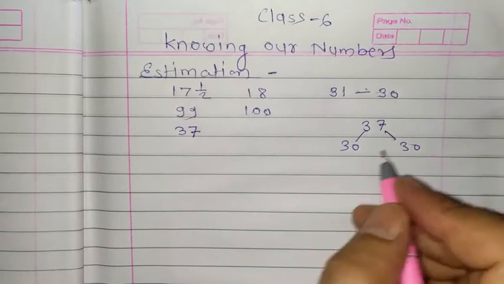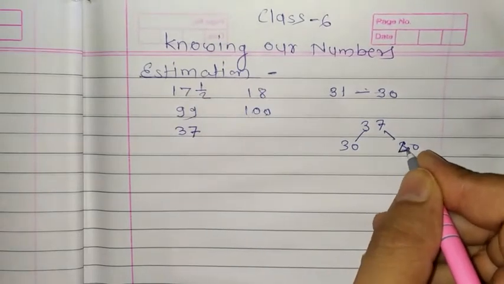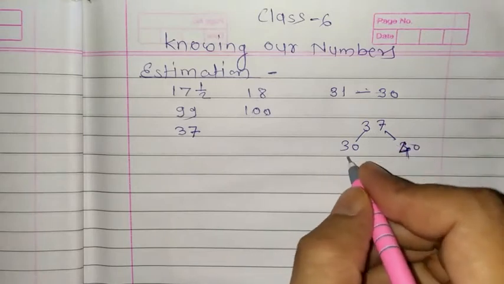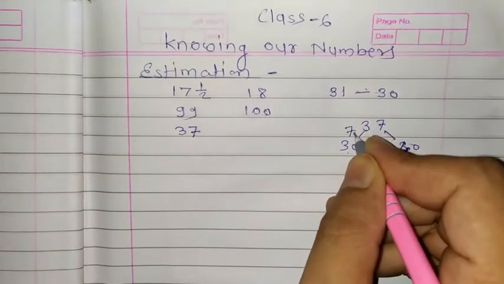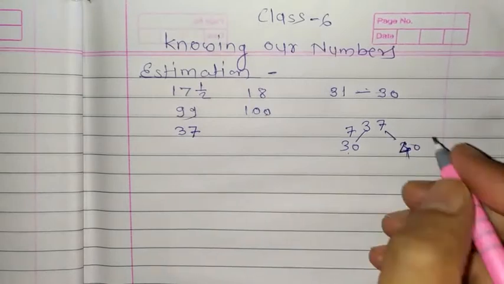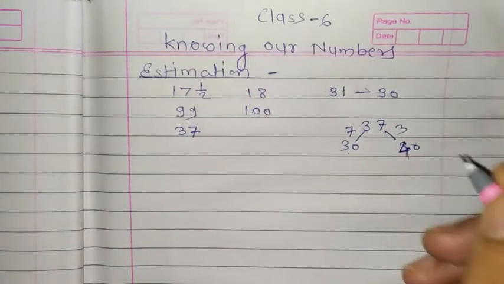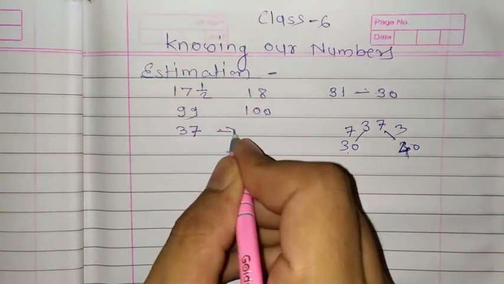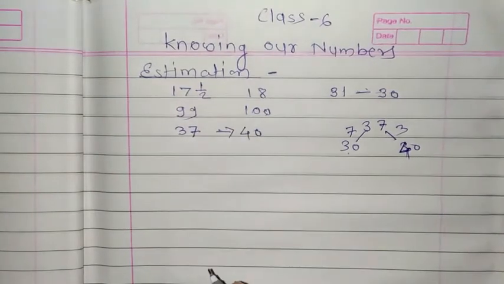The difference between 37 and 30 is 7, and from 37 to 40 the difference is only 3. So the round off of 37 is 40.